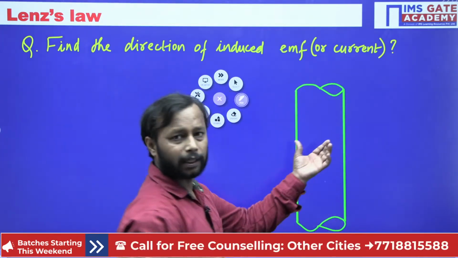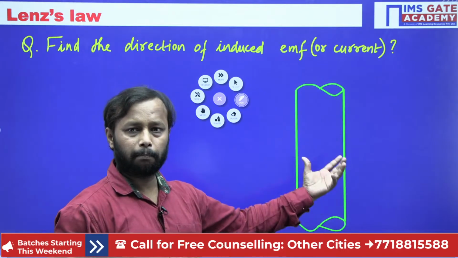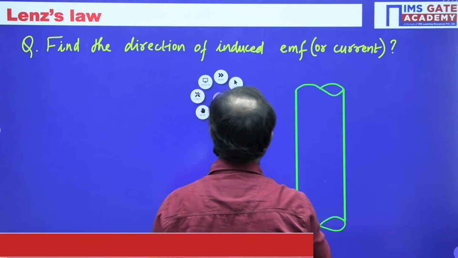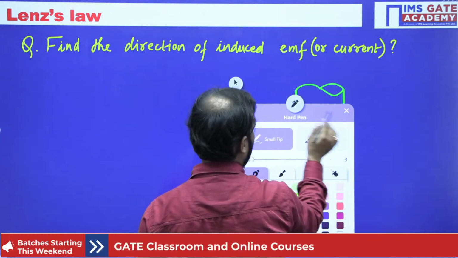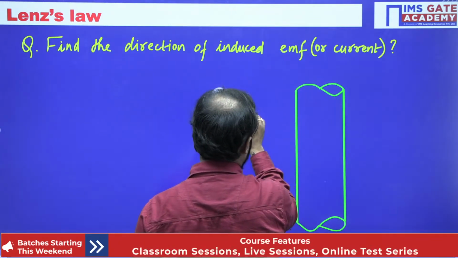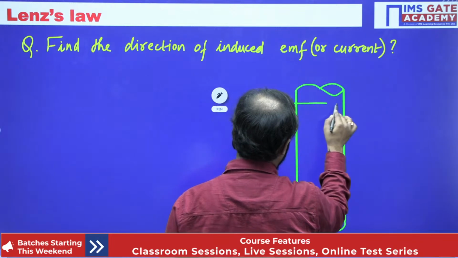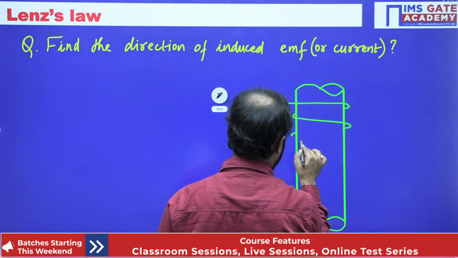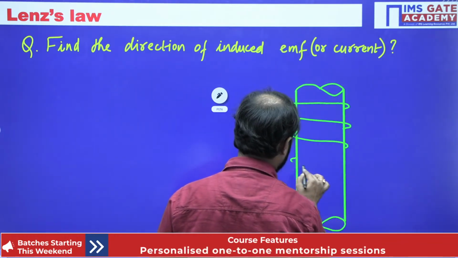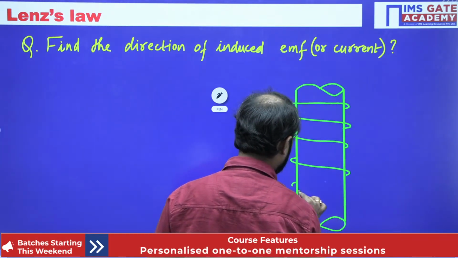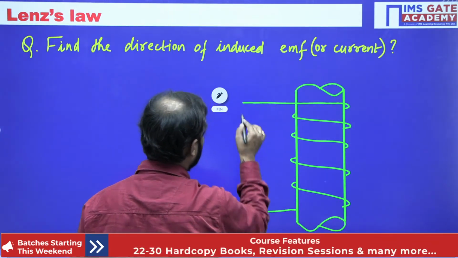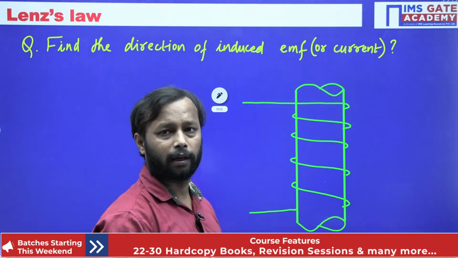Okay, so this is a kind of iron bar, and on it let me wrap a conductor like this. This is your conductor.